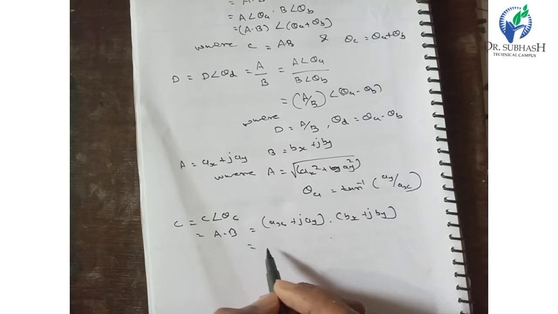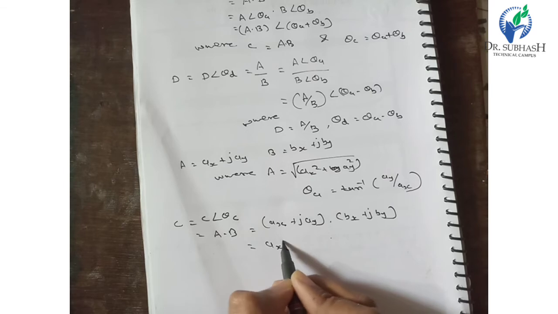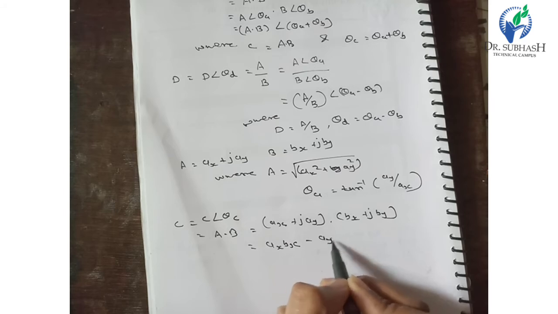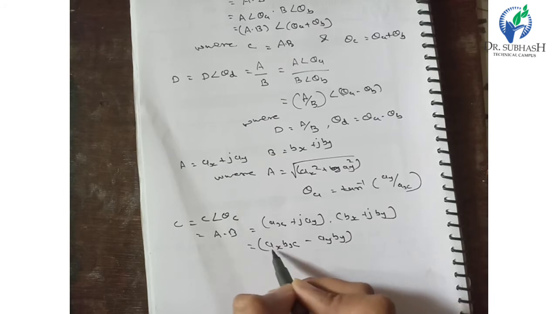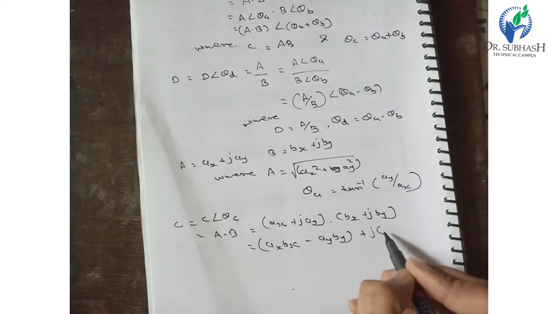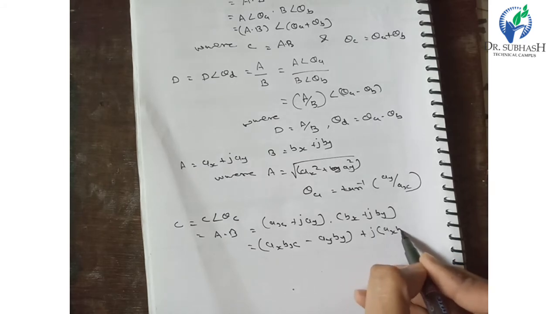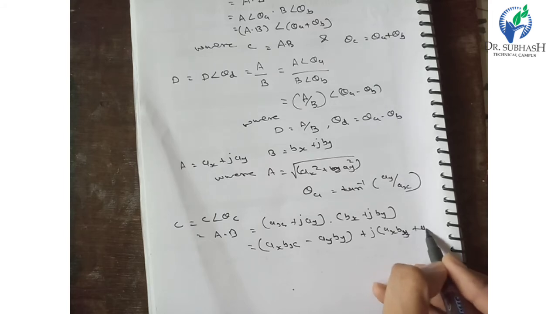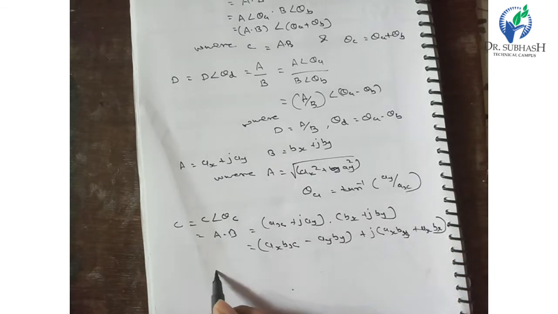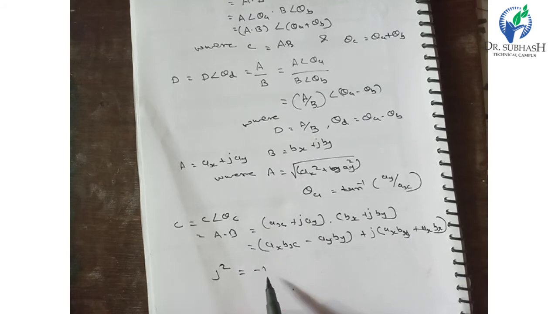So we can write it as AX into BX minus AY into BY for the real part, and for the imaginary part, j into AX into BY plus AY into BX. Here we note that j is the imaginary unit and j square is equal to minus 1.